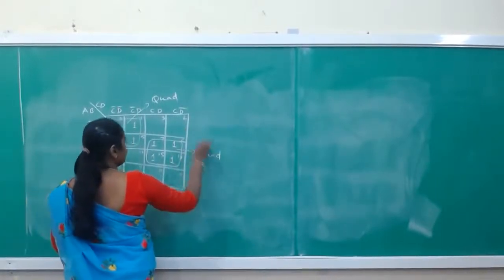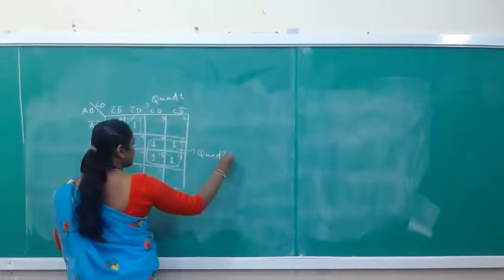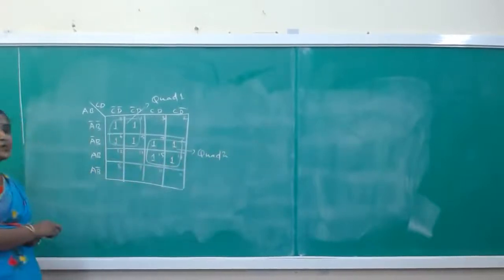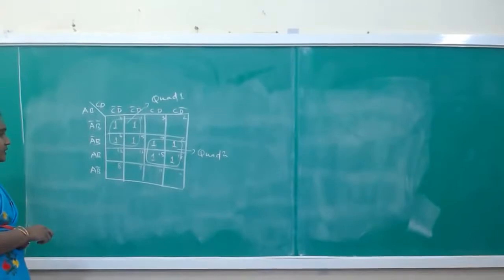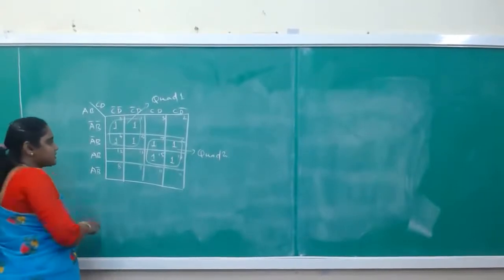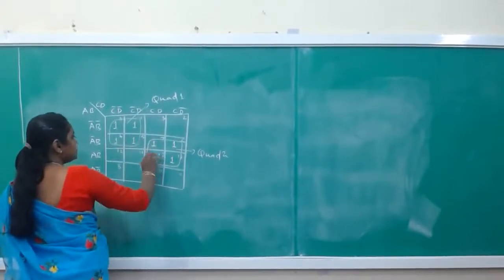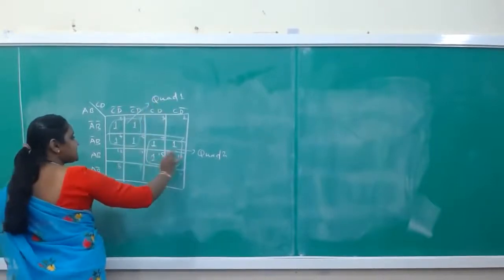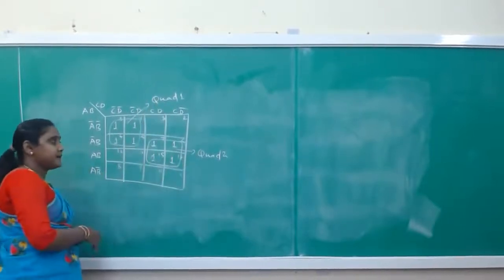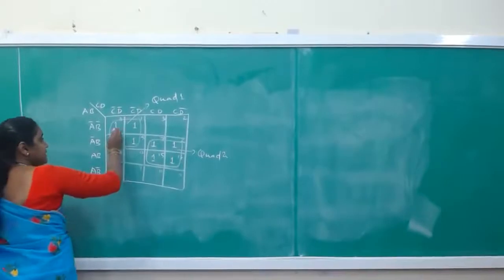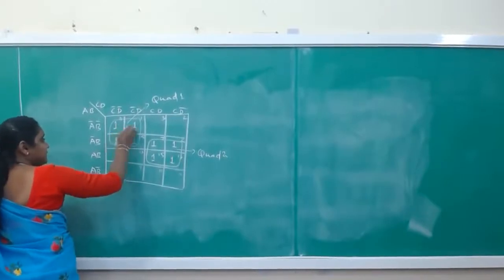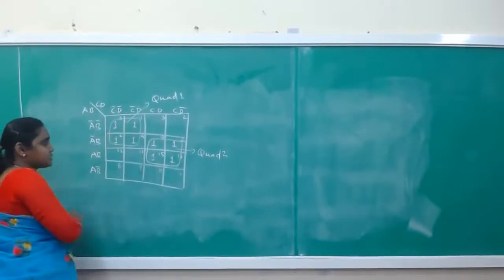Let's name it quad 1 and quad 2. Both are in the square form, right? The two different quads. This is grouping 1, this is grouping 2. This is giving you quad number 1, this is giving you quad number 2, in the square format. That means they are formed in a square format as a group.